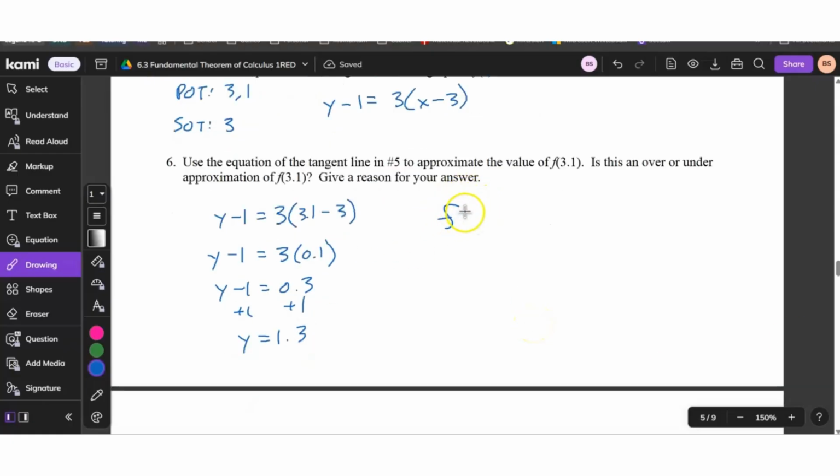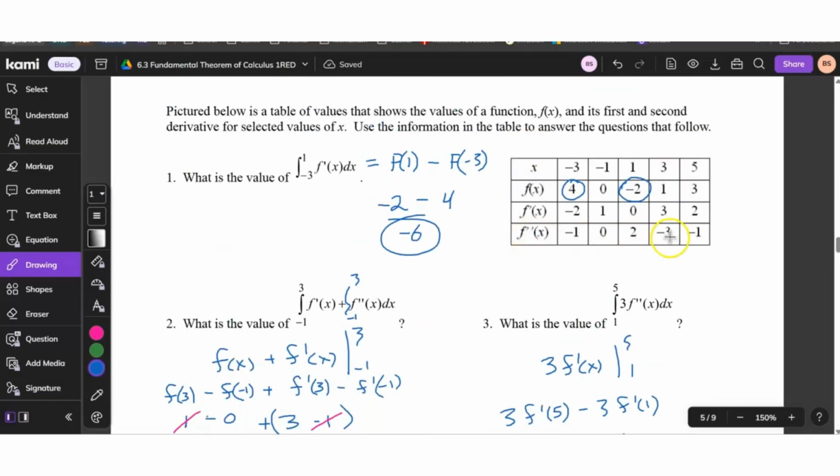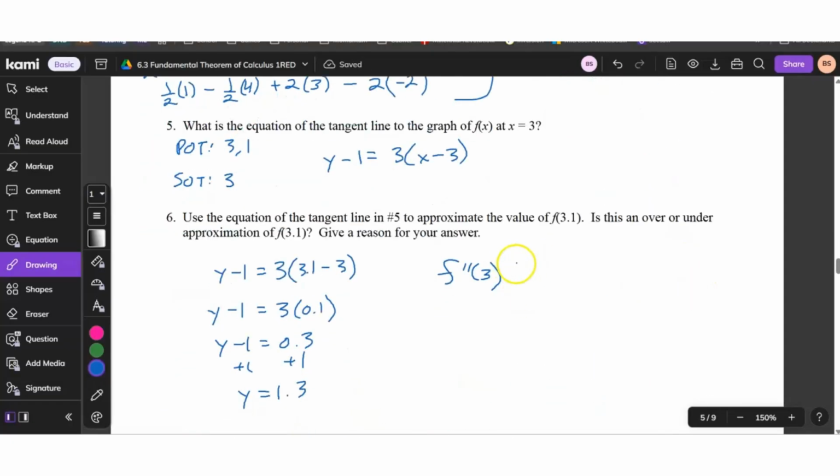Now, the second derivative at 3 is negative 3, so it is less than 0. Therefore, this thing is concave down, which means our tangent line would look like this, which means that it is an over approximation. And that's that.